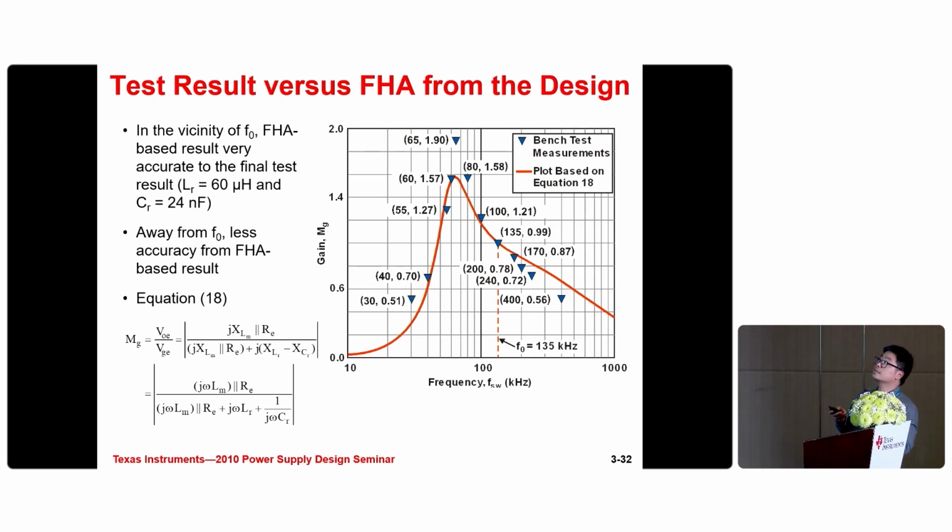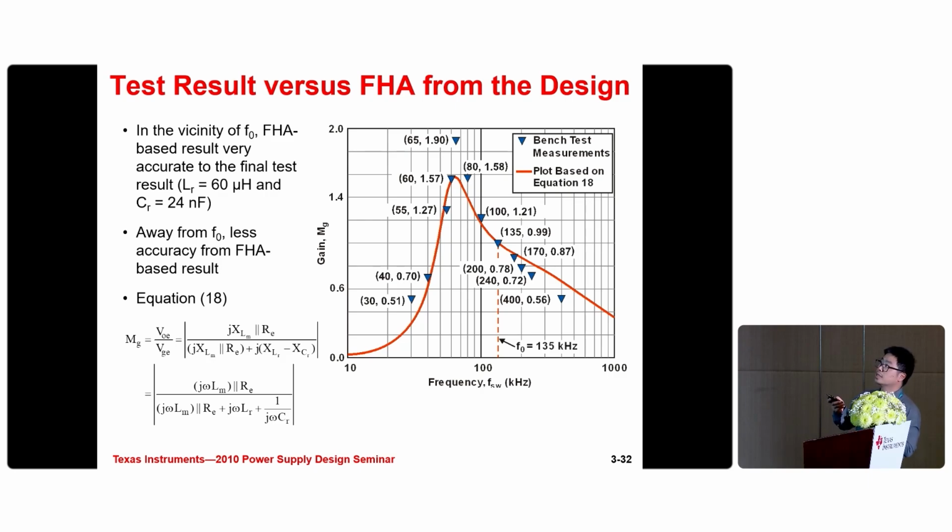And this slide compares the gain result from the test and the gain from the FHA method. We can see that the red curve is based on the equation, which is the FHA method, and the triangle dots are from the test. So we can see that around the F0, the result is nearly the same, right?